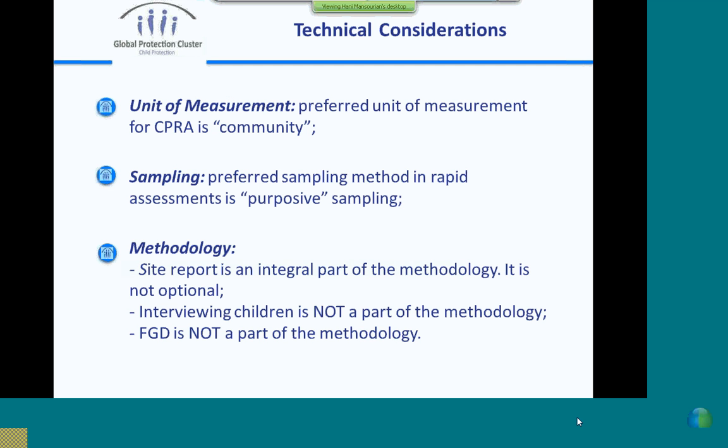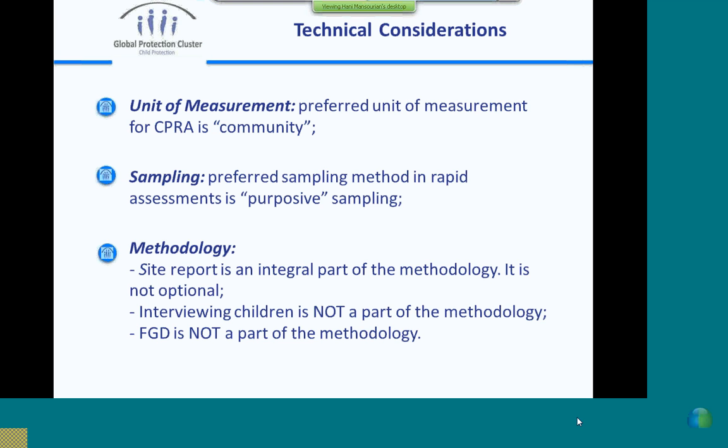I'll quickly go into some technical considerations that we have during the CPRA. It's very important to note that we are trying to distance ourselves from the ad hoc assessments that we tend to do. Not systematic. We just put together a form overnight when an emergency happens. The day after, we get into a car and go to the fields, and the first person we get to in the first site, we talk to them.